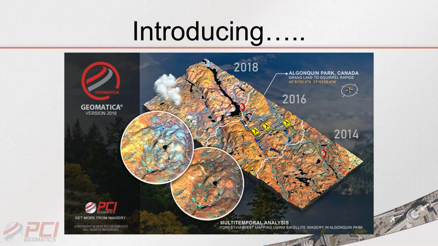We're really excited with this release to present technology that we've developed that is going to help you perform multi-temporal analysis with this version, and going forward even more with degrees of automation in our next versions.